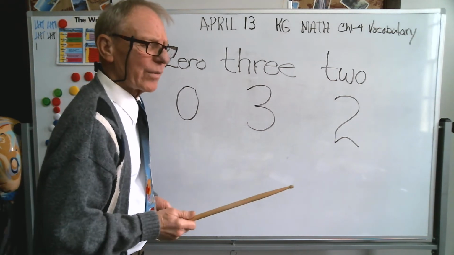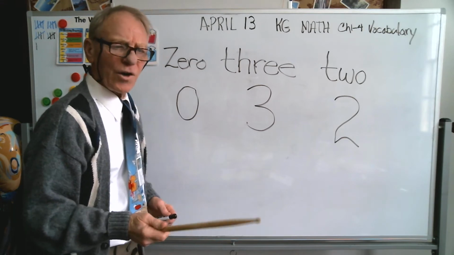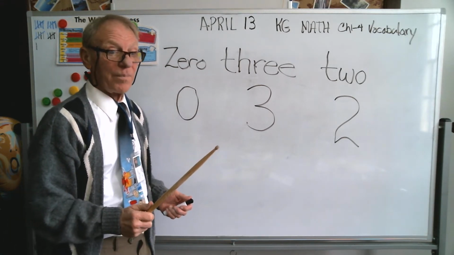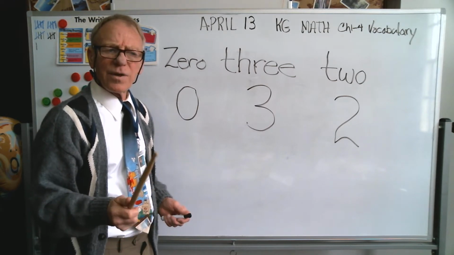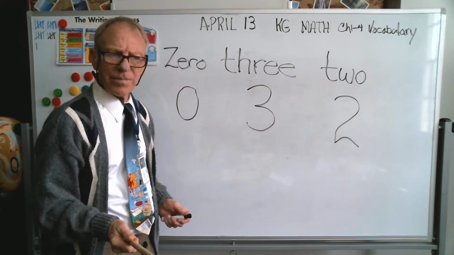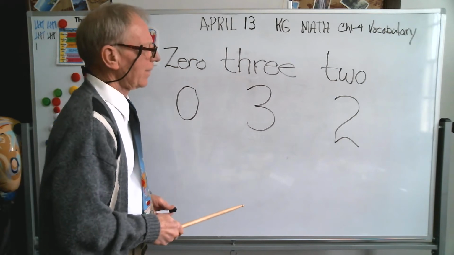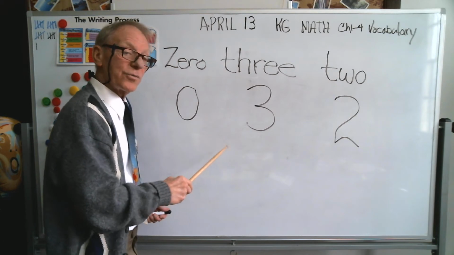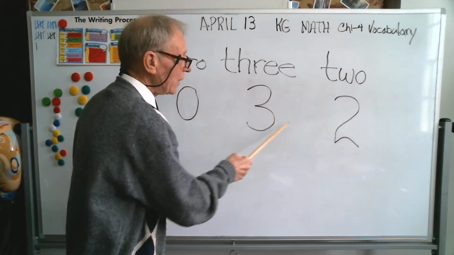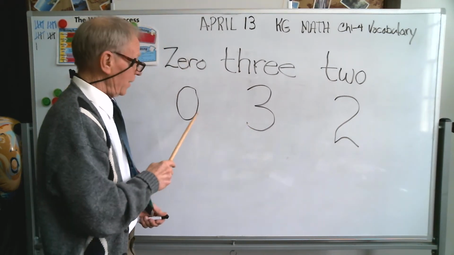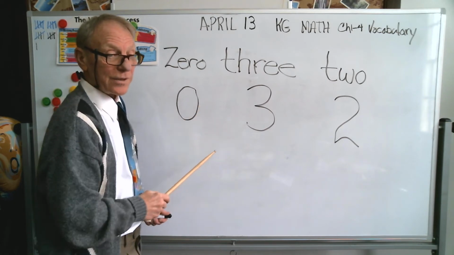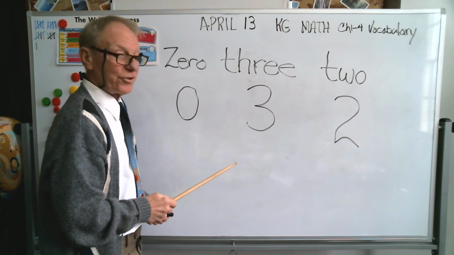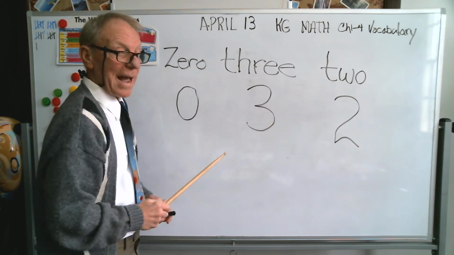The next vocabulary word is less. And you know, when you see that word less, especially in a story problem, it usually means subtraction. But in comparison, less means a smaller number. 2 is less than 3. And 0 is also less than 3. Match. None of these numbers match.